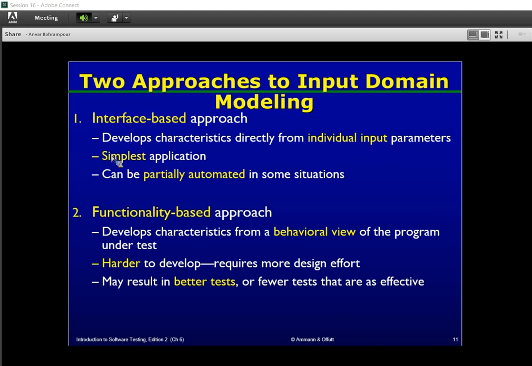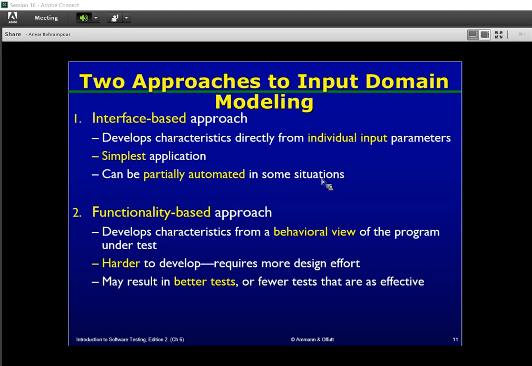So this is the simplest application method for input domain modeling and can be partially automated in some situations because there is no need for inference about some concepts.